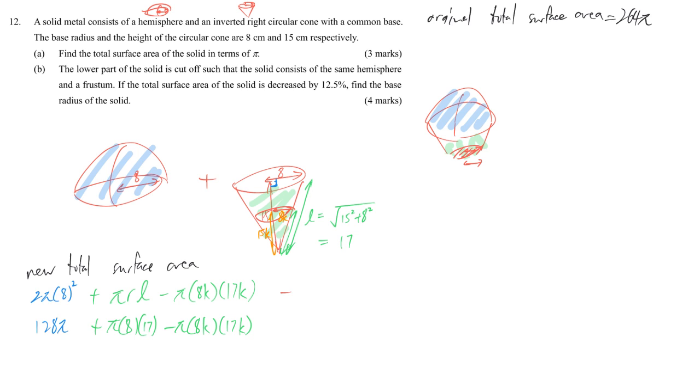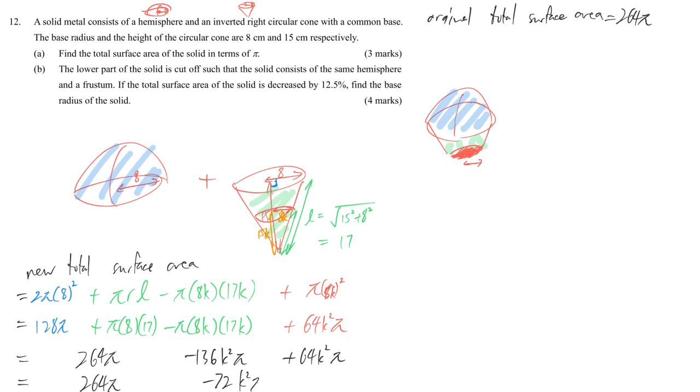Afterward, we have our extra part, which is the base circle here with base radius 8k, so it's pi r squared, while this r is 8k. So we have 264 pi minus 136 k squared pi, and then plus 64 k squared pi. So it's 264 pi and then subtract 72 k squared pi. I successfully used one single unknown to present the new surface area.